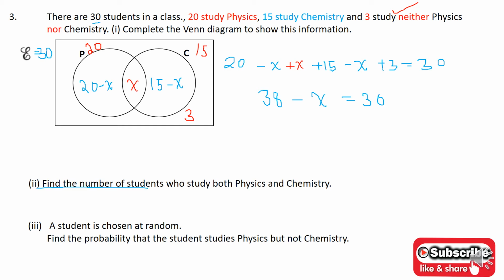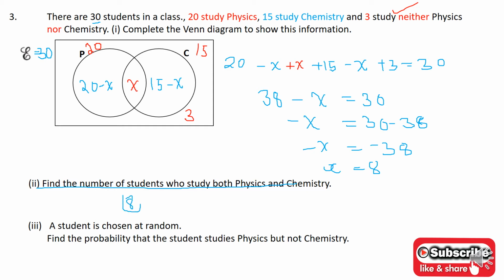Subtracting 38 from both sides gives me minus x is equal to minus 8. When you divide throughout by negative, x is equal to 8. So now, if you know that x is equal to 8, that answers that particular part.